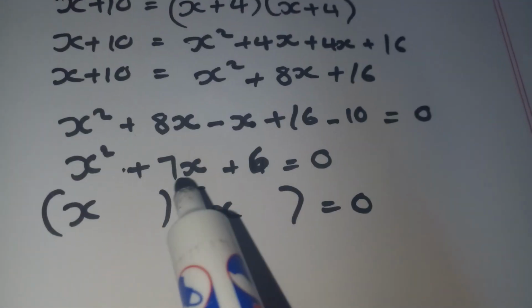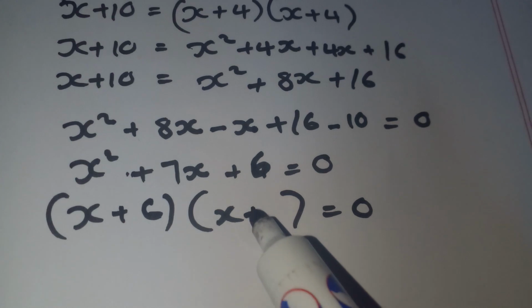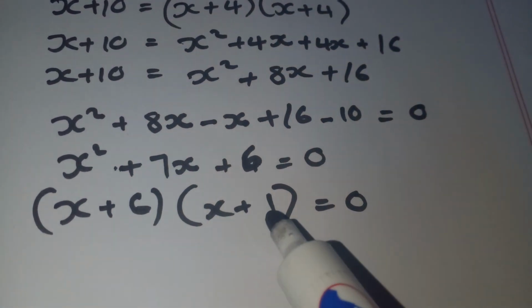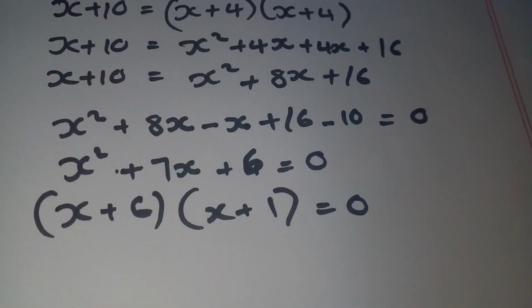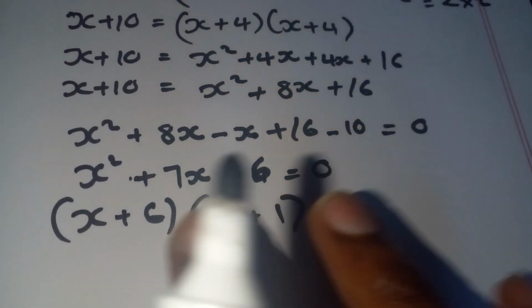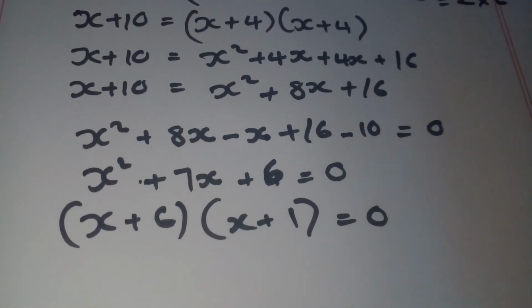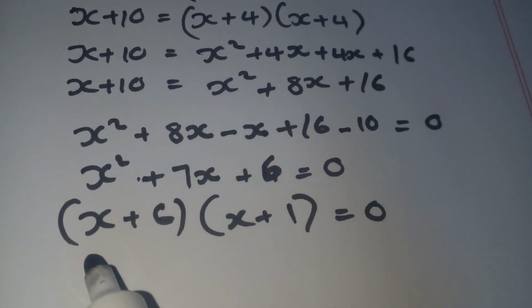So the factors are going to be a positive 6 and a 1. Why am I saying it's a 6 and a 1? 6 times 1, guys, it's a 6. 6 plus 1, it's a 7. So these factors, they are true. So if one bracket is equated to 0, we just assume that one bracket is equal to 0 and the other bracket is equal to 0.